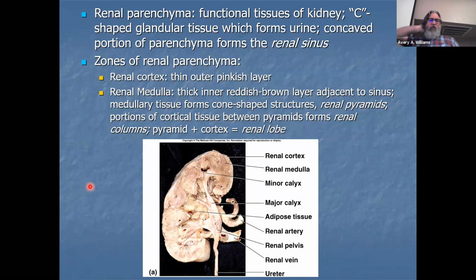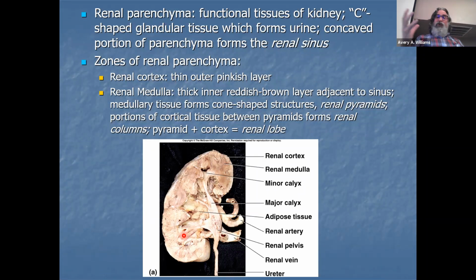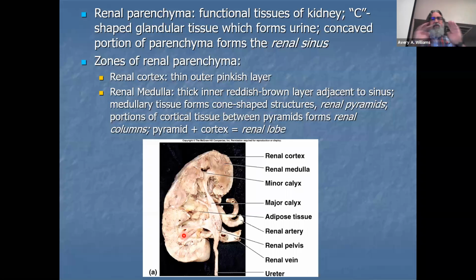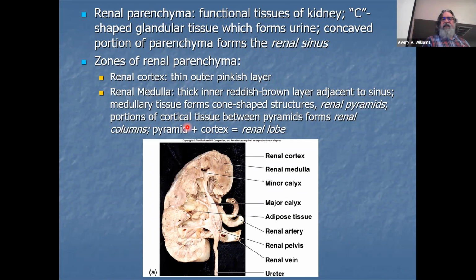Medullary tissue forms cone-shaped structures called renal pyramids. They're hard to make out, but each pyramid is what gives it that reddish brown look. And they're shaped like little cones, right? The portion of the cortical tissue between the pyramids forms the renal columns.